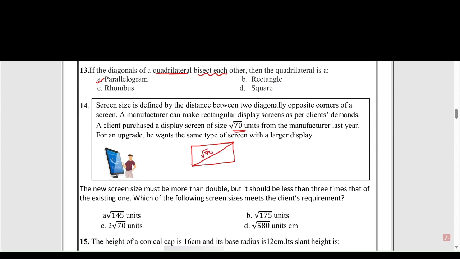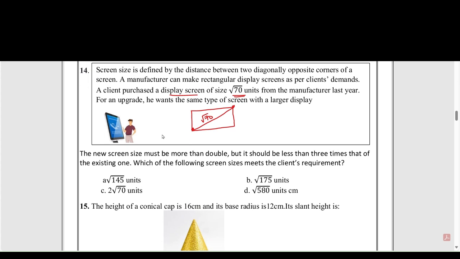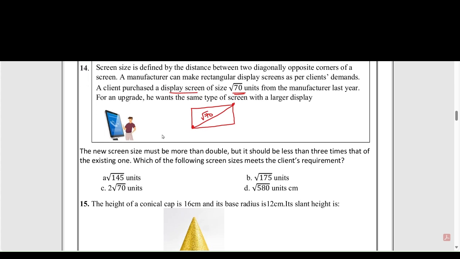So what is this display screen? This is the opposite corner. Screen size is the distance between the two diagonals. Now for an upgrade, he wants the same type but with a little bit of moderation, that it must be more than double, but it should be less than 3 times.